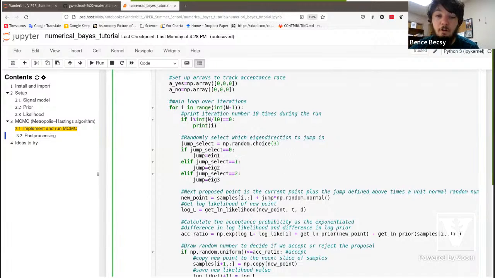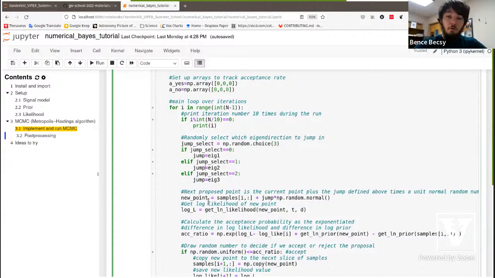So if it's 0, I just put the first eigenvector we defined into this jump array. If it's 1, I put the second one. If 2, I put the third one. So that way, in this jump array, I will have a randomly selected eigenvector.